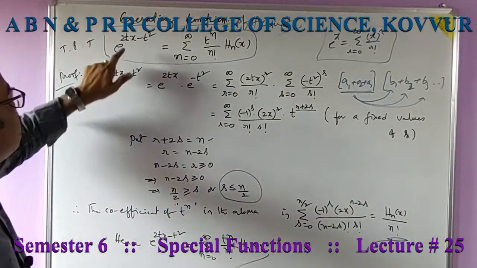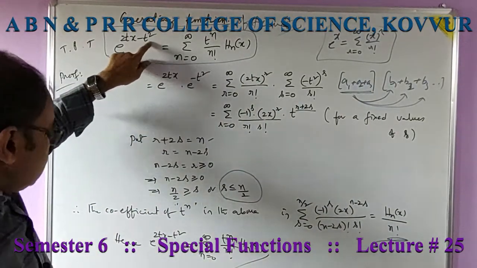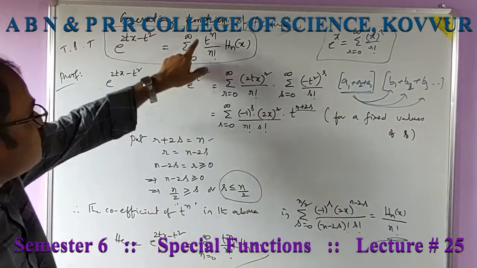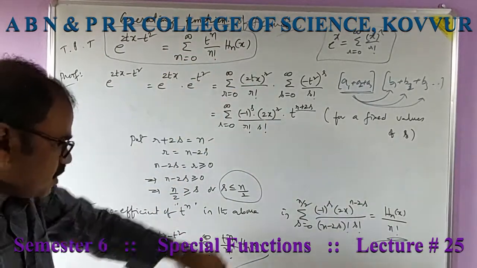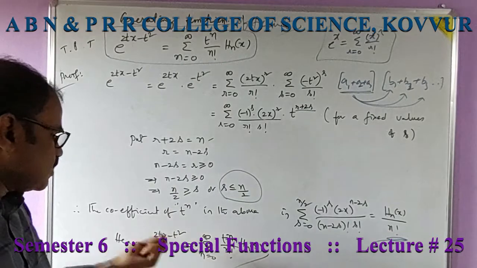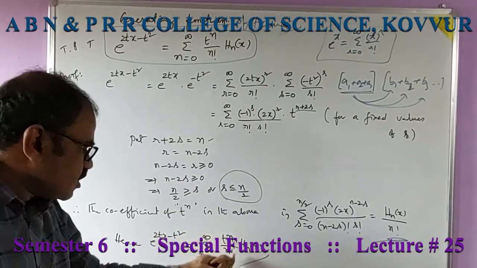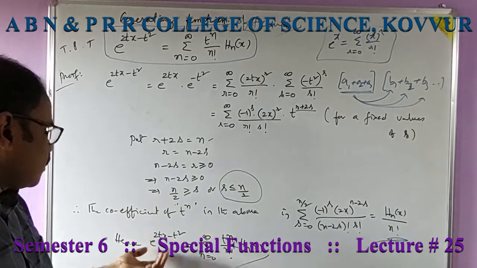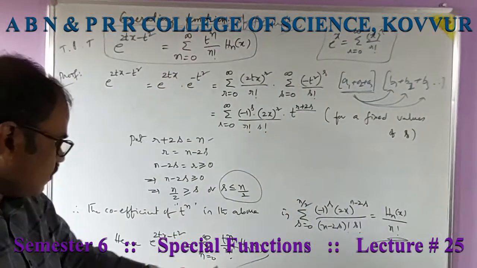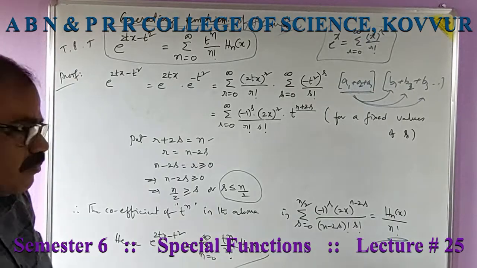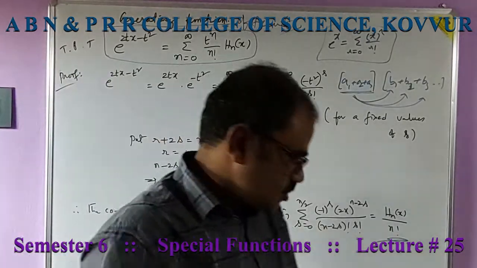Thus e to the power of 2tx minus t² is equal to sigma n equals 0 to infinity t power n by n factorial into Hn(x). The coefficient of t power n in the elaboration is Hn(x) by n factorial. Therefore this is exactly equal to sigma n equals 0 to infinity t power n by n factorial into Hn(x), which is important.